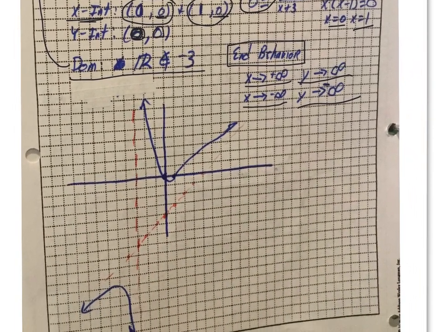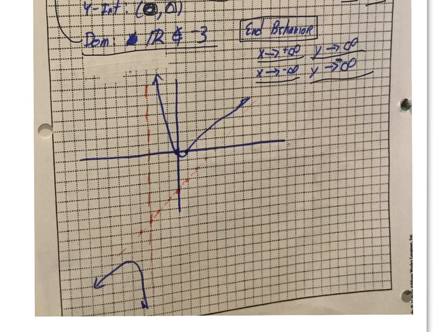So if I slide this up and actually sketch my graph or take a look at it on my calculator, I've got my vertical asymptote drawn. I've sketched the slant asymptote. I've also plotted my x-intercepts, y-intercept, and sketched the graph.